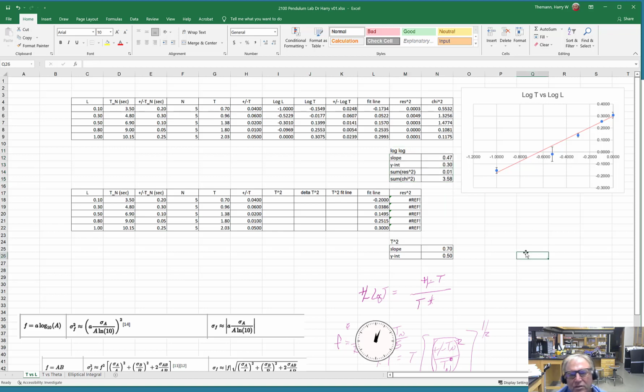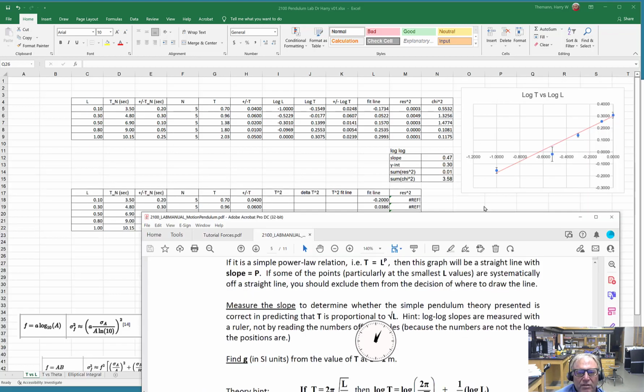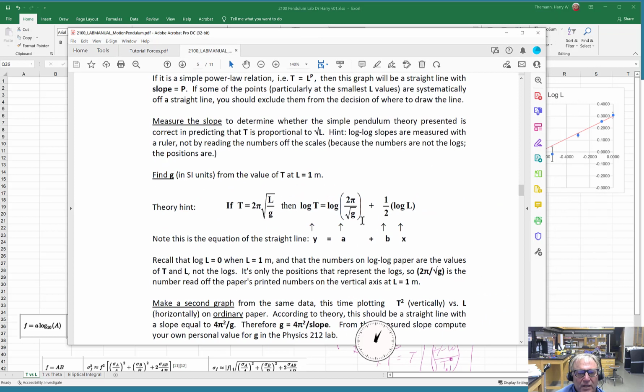Okay, so of course, the slope and the y-intercept are equal to certain things. And so part of the challenge here is to take these numbers, and let's just refer to it for a minute. Where is, be Acrobat. Here we go. And here we go, lab manual. So, pretty much spells it out to you, right?